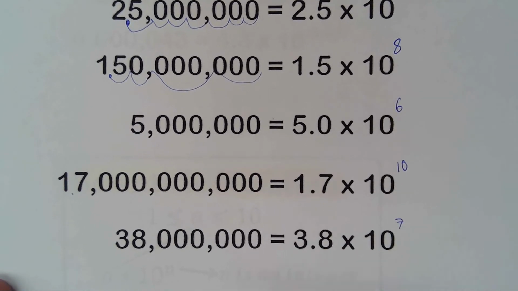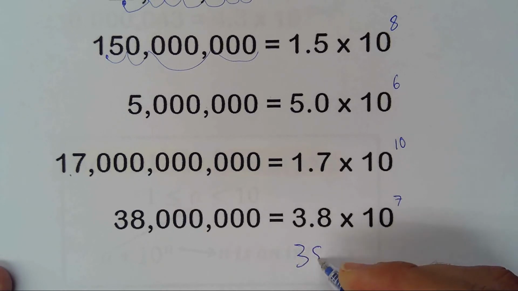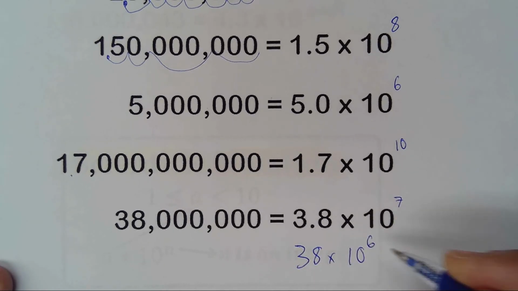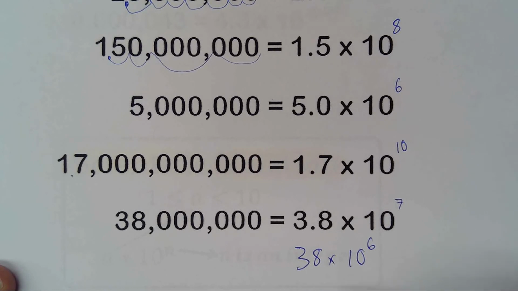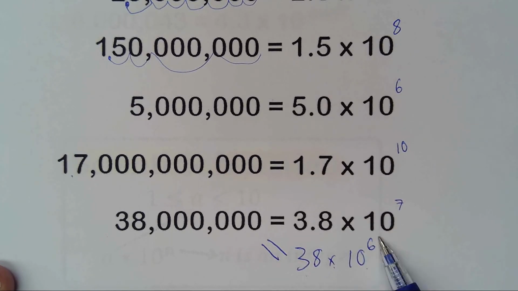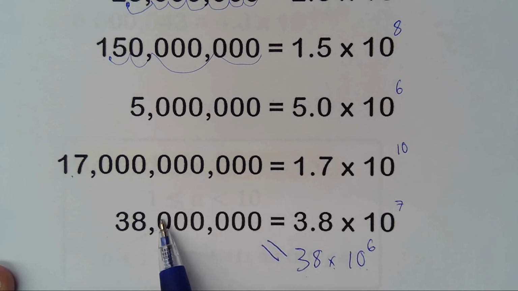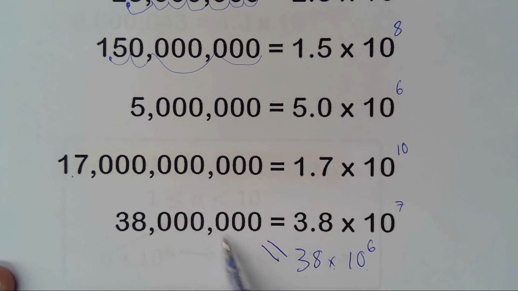Now be careful, because if I do 38 times 10 to the 6, I mean this is correct. This one is equal to this, so they are equal, because 38 times 10 to the 6 means basically the 6 zeros, so it is correct, they are equal.